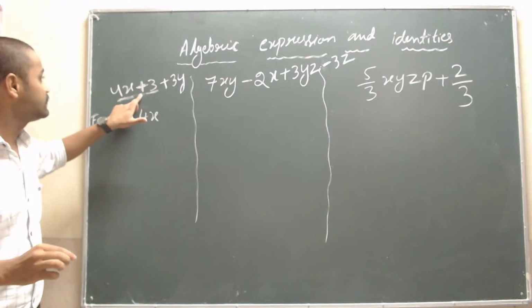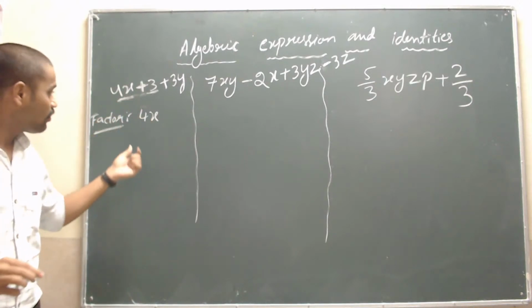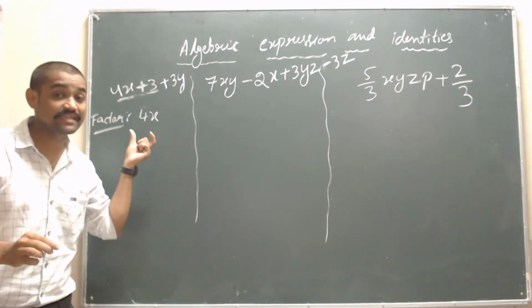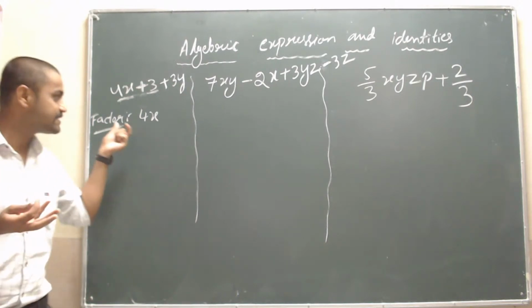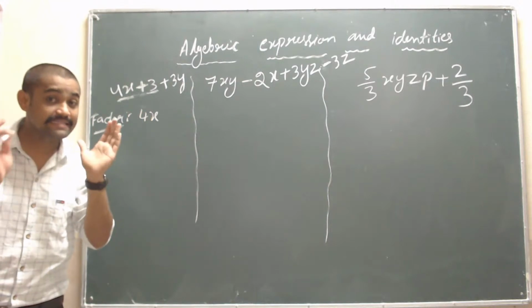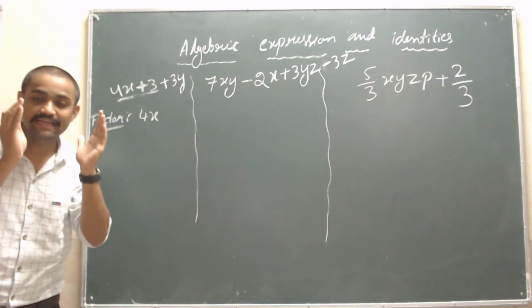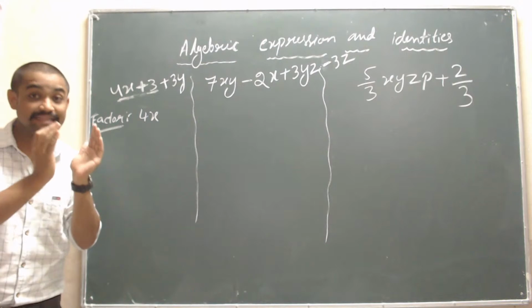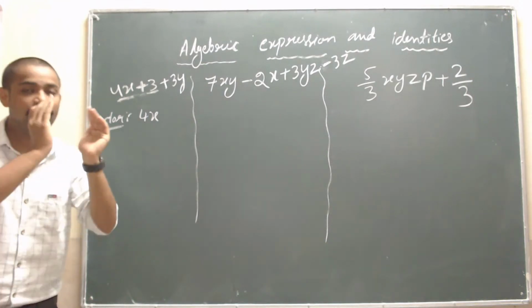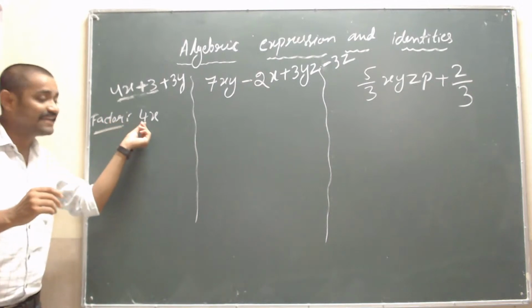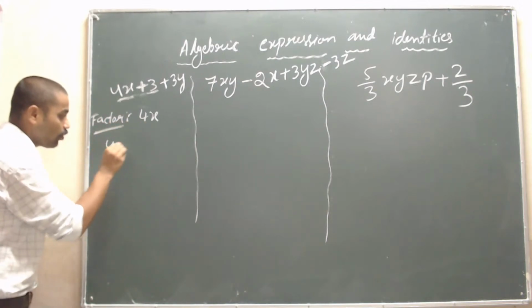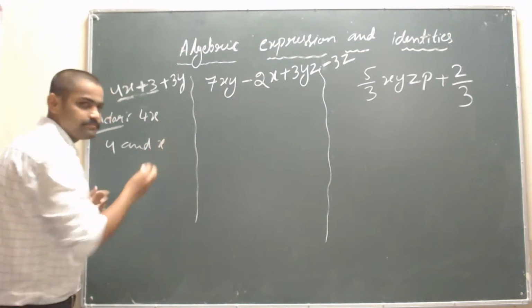That is 4x. It is made up of factors, students. It is the product of factors. See, a term is the product of factors. The factors here are 4 and x.